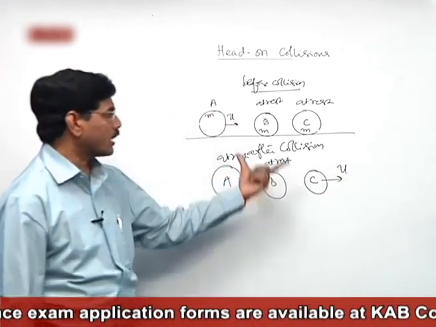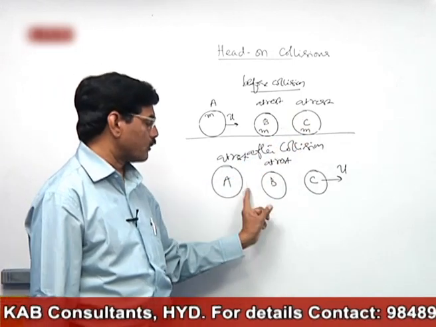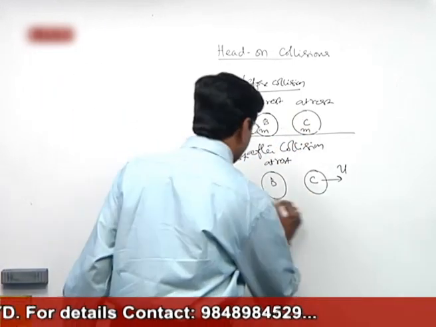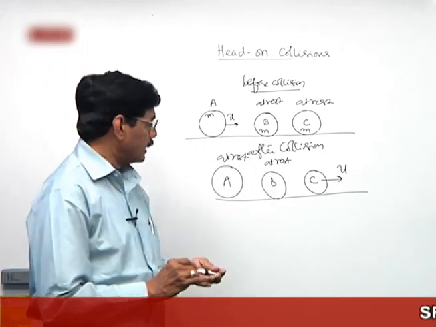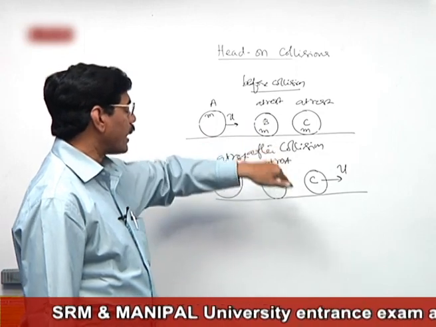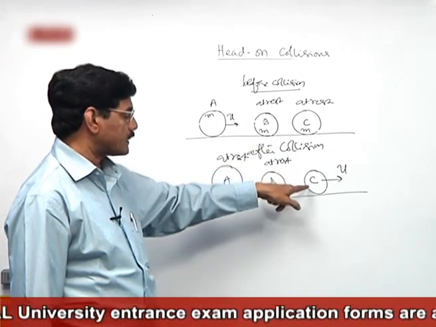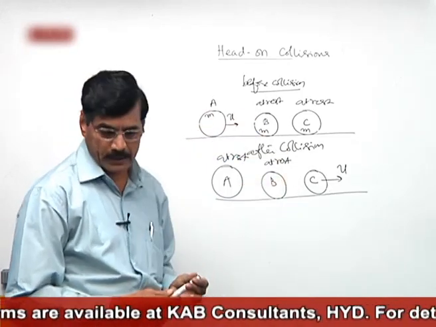So after two collisions, between A and B and between B and C, C takes up the velocity of A finally. Before the collision, B is at rest, and after the final collision B is still at rest, but C gets the velocity of A transferred to it.